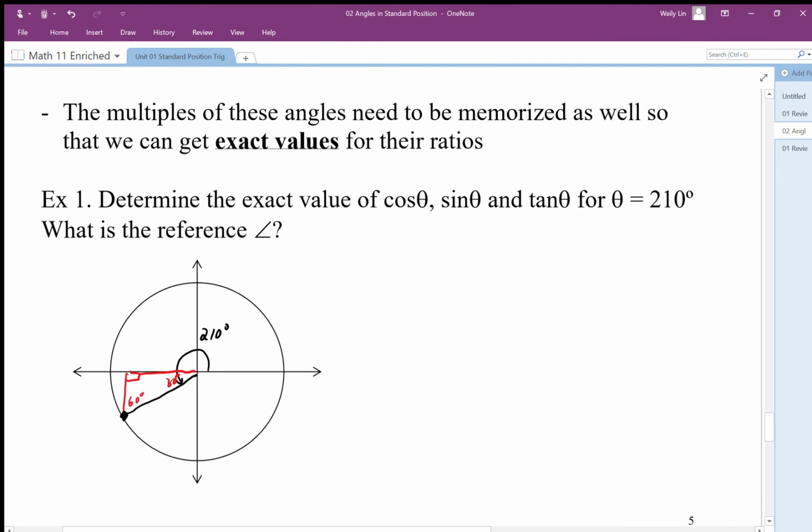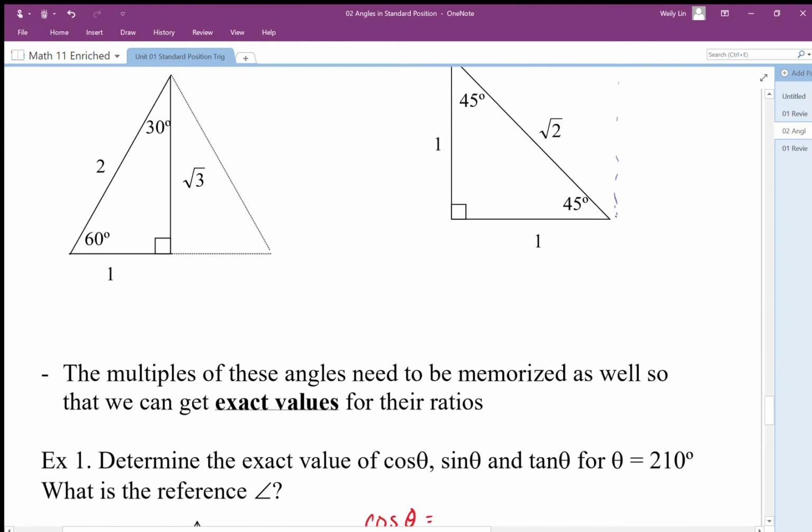And to be able to find the trig values for this, we don't use our calculator. Although a calculator gives us the same decimal values, we're going to keep it in exact values. So for example, cosine of theta works out to be, well, this triangle is going to have -1 to -√3 when I relate it to this triangle here.